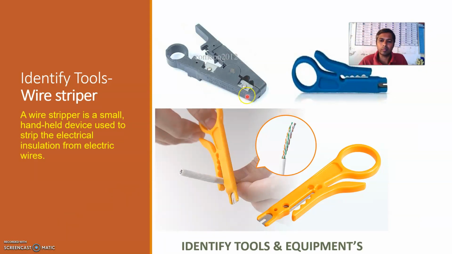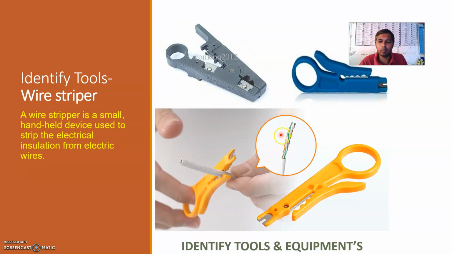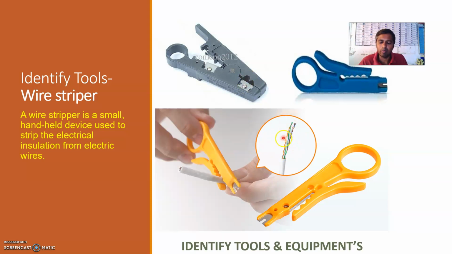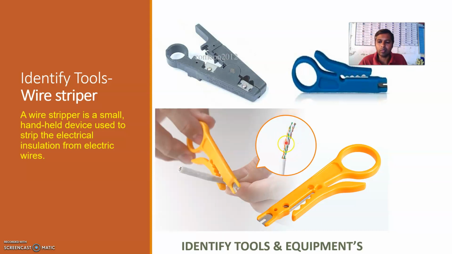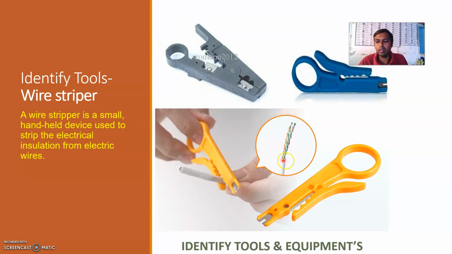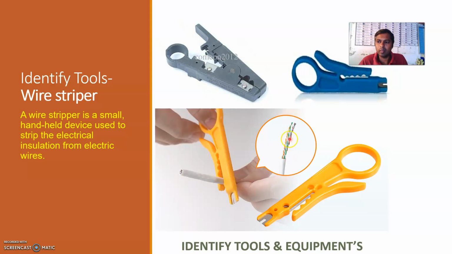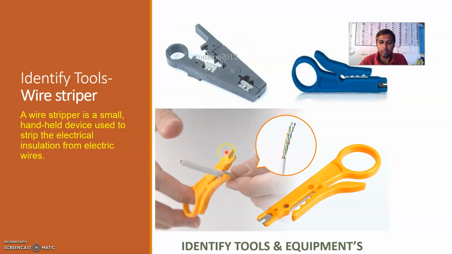Another very different tool is a wire stripper. We want to remove the outside plastic material from the cable. Our UTP cable has 8 conductors inside and plastic material outside. We want to remove the outside material carefully, without damaging the 8 conductors inside. We must use this tool very carefully.